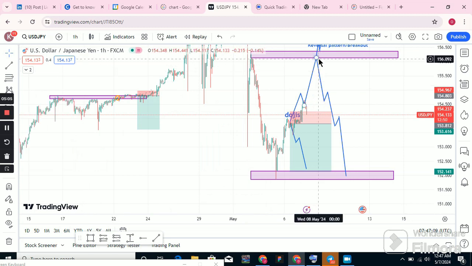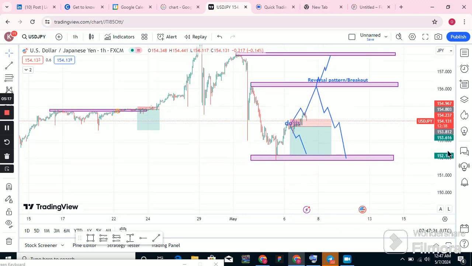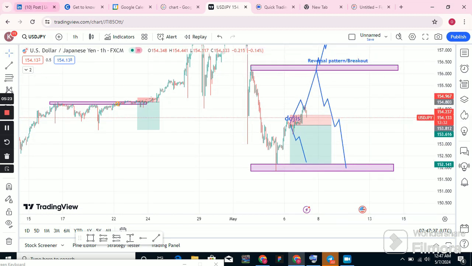We have losses, we have profits, and I was expecting it to move now into that resistance zone. When it moves into that place, we can check for any confirmation for it to either fall back into the zone or break out, then give us a confirmation for a continuation pattern, and then we take our buy trade.